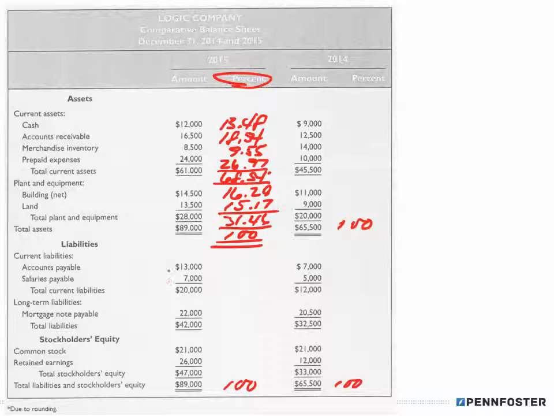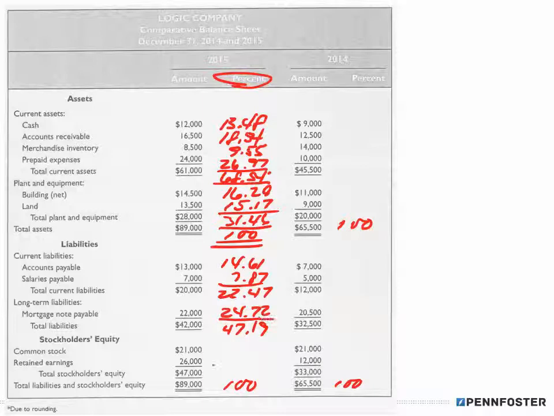All right, so let me just run the numbers down the page. 14.61, 7.87, 22.47. And realize that you're going to have some rounding issues here, but everything should tie out. So if you're off by a penny somewhere and you need to fudge it because it's due to rounding, then you fudge it.